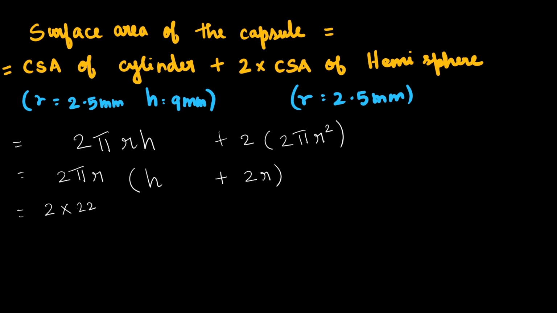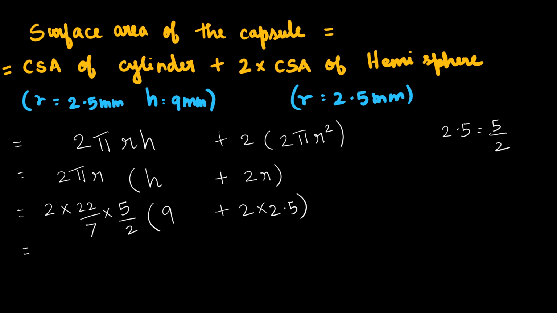Now apply 2 into 22 by 7 into r, which is 5 by 2, into h plus 2r, that is 9 plus 2 into 2.5. I have taken r as 2.5, that I have written as 5 by 2 for my convenience, so that the 2 can cancel.